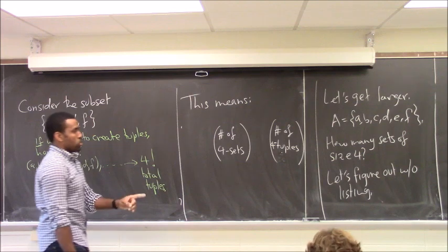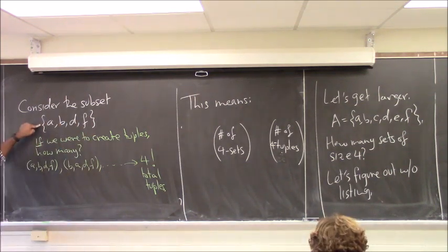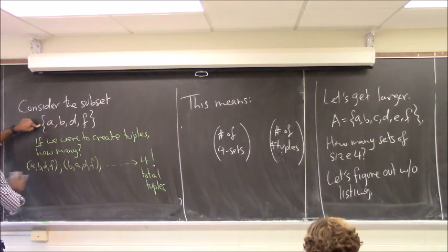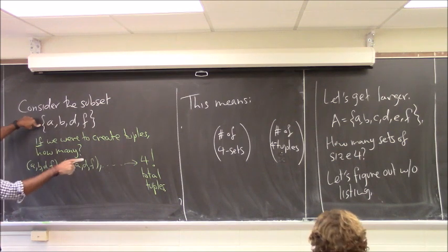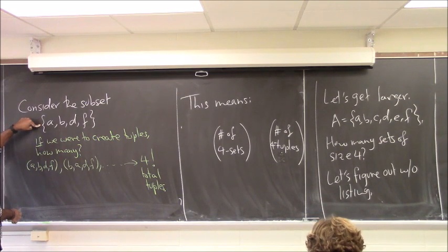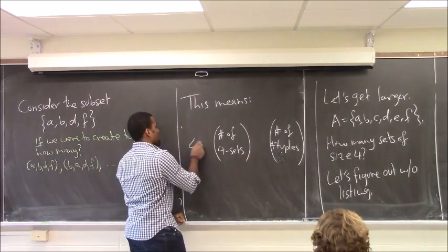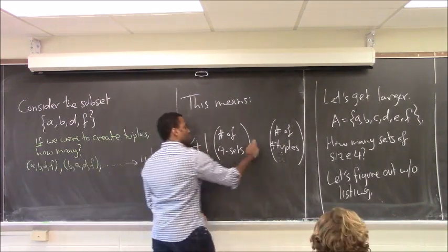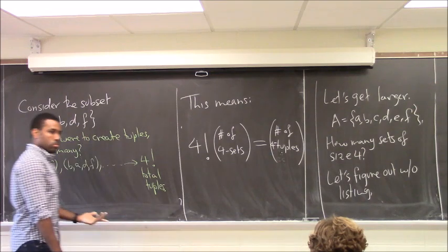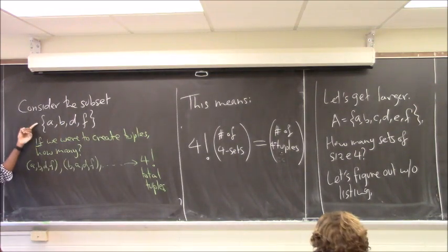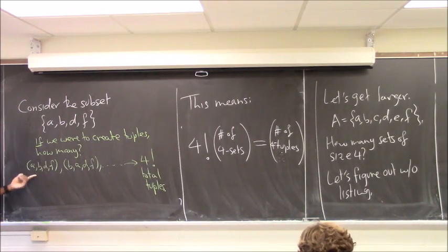Well, we know that the number of tuples is going to be bigger because for each one set, there will be multiple rearrangements. In fact, in the case of 4, I know exactly how many arrangements there will be. If I take the number of sets multiplied by 4 factorial, I will get the number of tuples. For every one of those sets, I have 4 factorial of these.